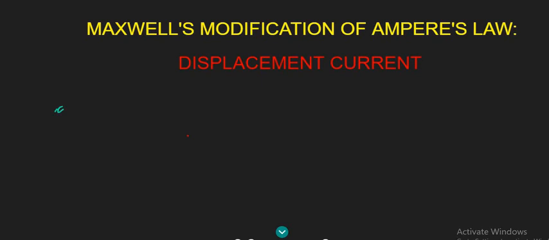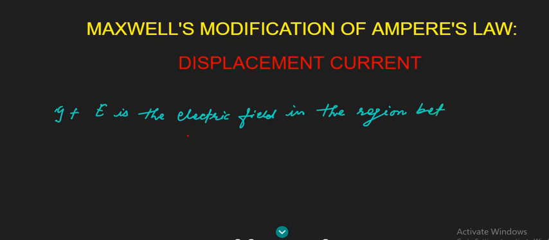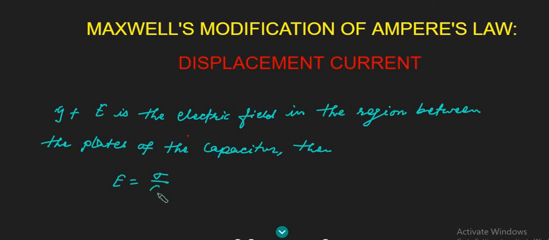If E is the electric field in the region between the plates of the capacitor, then you know E equals sigma by epsilon naught, the formula of electric field between the two plates when one has positive and the other negative charge.